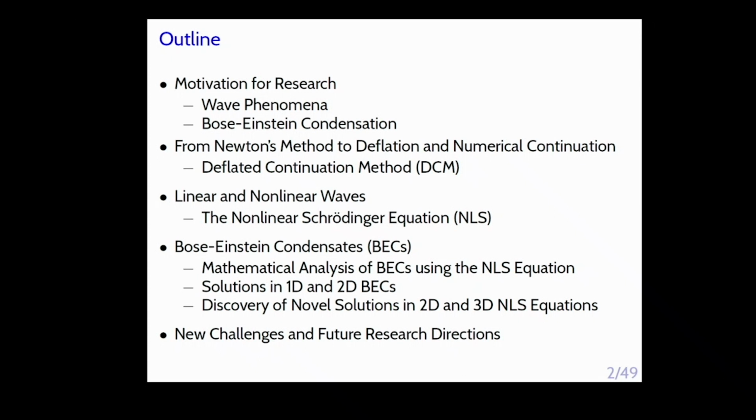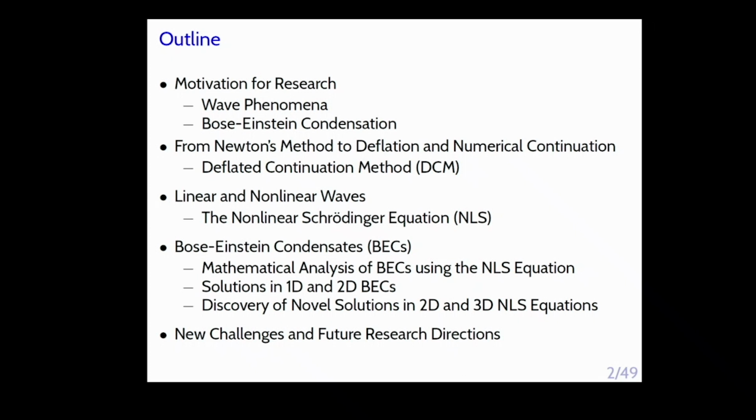And also, typically, when we study nonlinear equations, we want to actually find branches of solutions as one or more than one parameters of the model change. So we will be tracing branches of solutions to nonlinear equations, and that actually will be what I'm going to call the deflated continuation method. So we will apply this to the nonlinear Schrödinger equation.